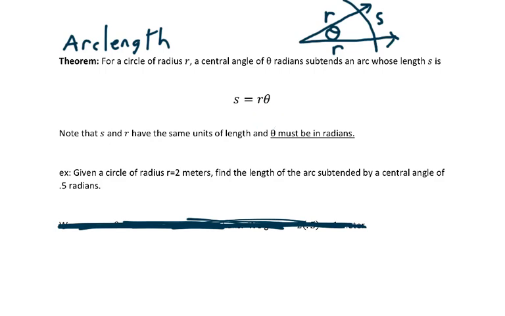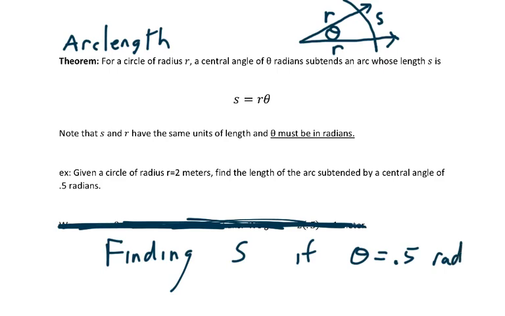That's all it boils down to. So we're finding S if theta is 0.5 radians and R is equal to 2 meters. And I wrote it up here also, but S and R have to have the same units of length.